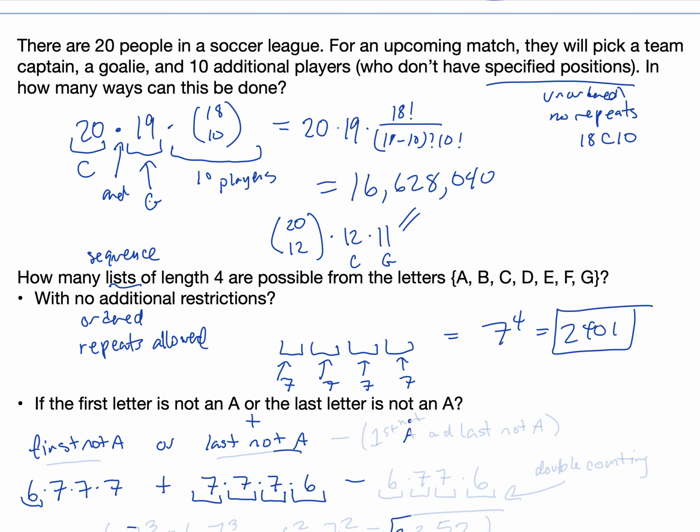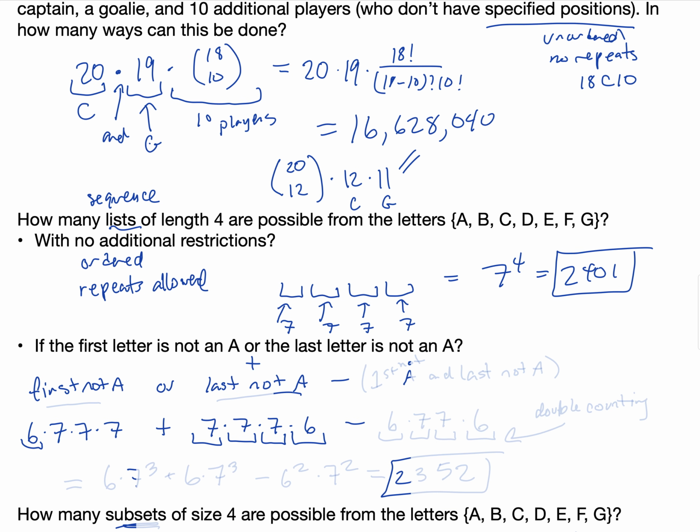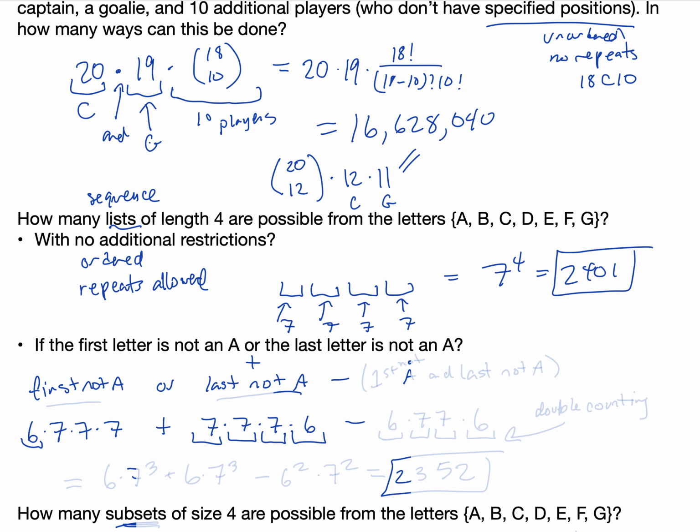But now we've double counted a whole lot of them. We have double counted all the situations where the first is not A and the last is not A. So we've double counted a lot of these possible lists where the first is not an A, there's 6 choices, no restrictions on the middle 2 letters, and the last is not an A, there's 6 letters possible then for the last letter.